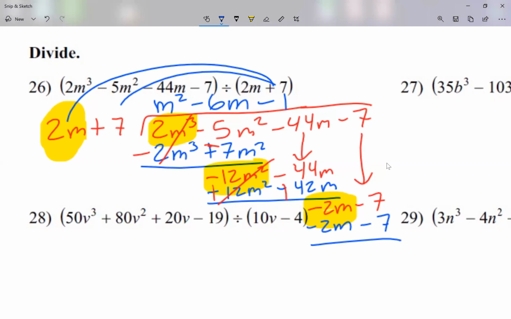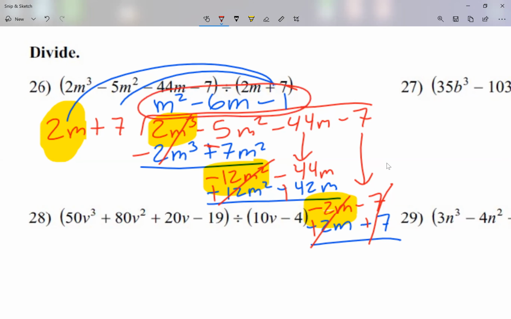And I'm going to subtract these, but remember, I'm just going to switch the signs of my second polynomial. Negative 2m plus 2m cancels out, which is what I wanted. Interesting part here is negative 7 plus 7 is 0, so that also cancels out. My answer here will be m squared minus 6m minus 1.